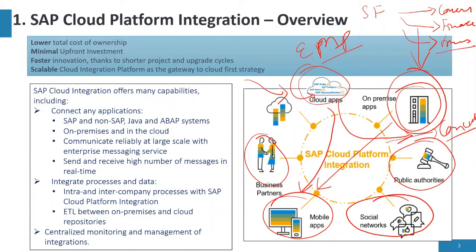So what we are planning to do here is we want data to be replicated from one system to another system automatically. We don't want human beings to log into SuccessFactors, and we cannot expect them to log into all the different systems and add all that information manually.